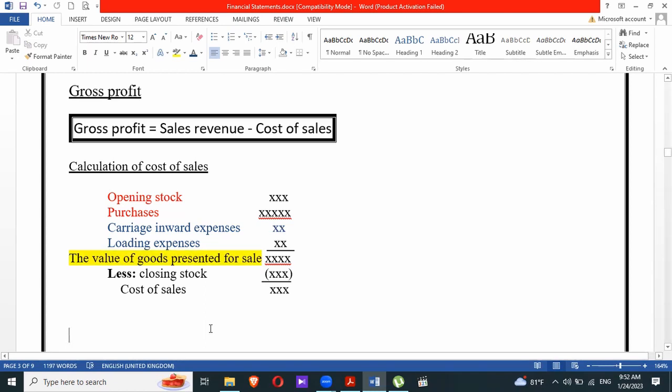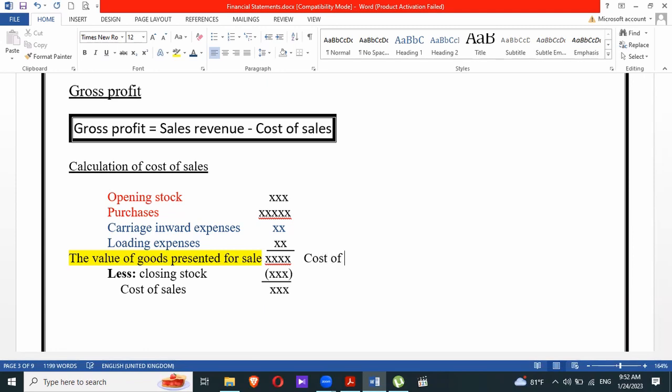We can use another term for this instead of value of goods presented for sale. What is the term we can use? Yes, very good: cost of goods to be sold. Same meaning, right? If value of goods presented for sale is not familiar to you, you can use cost of goods to be sold.